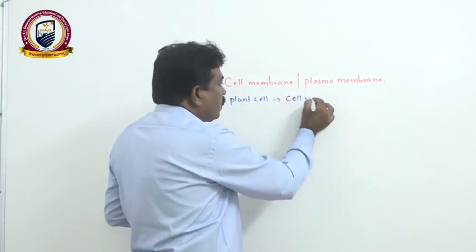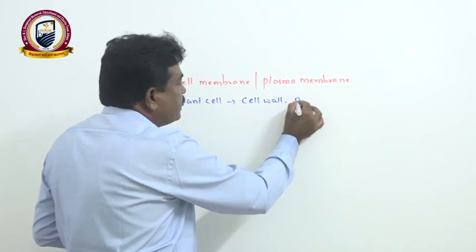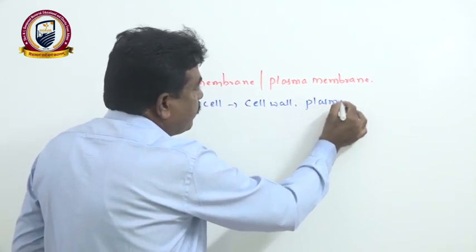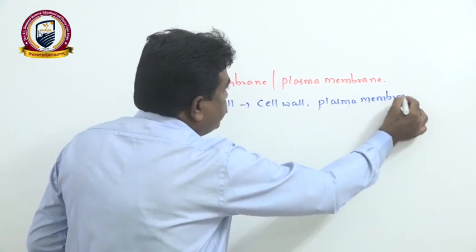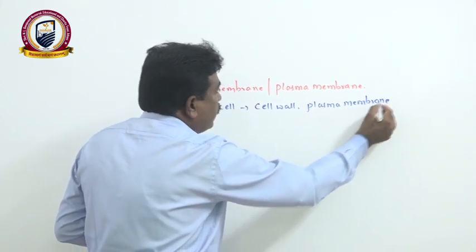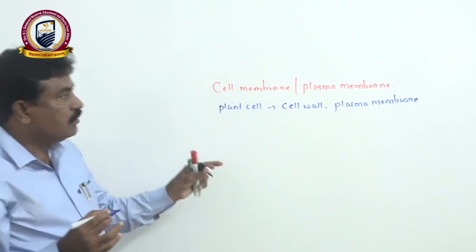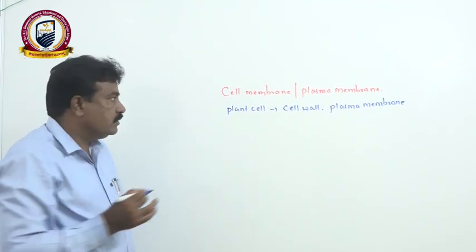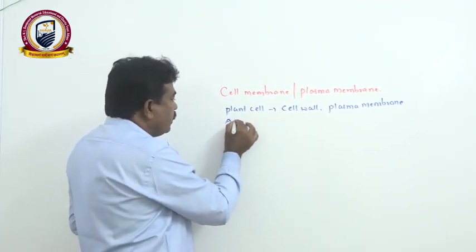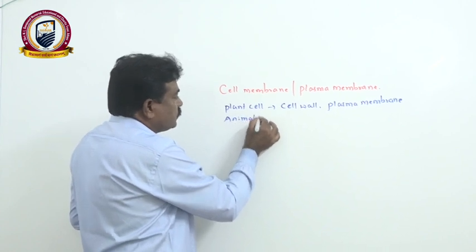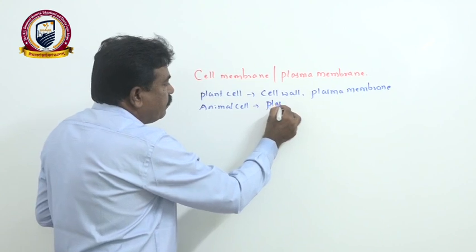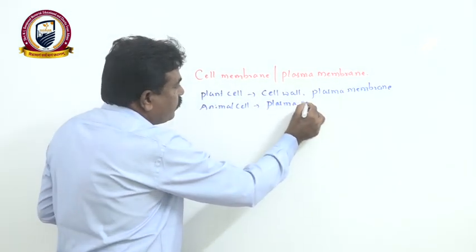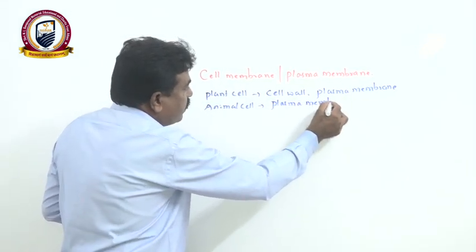Next to the cell wall there is the plasma membrane. That indicates a plant cell has two coatings, cell wall and cell membrane. Whereas if you take an animal cell, it has only a single coating, which we call the plasma membrane.